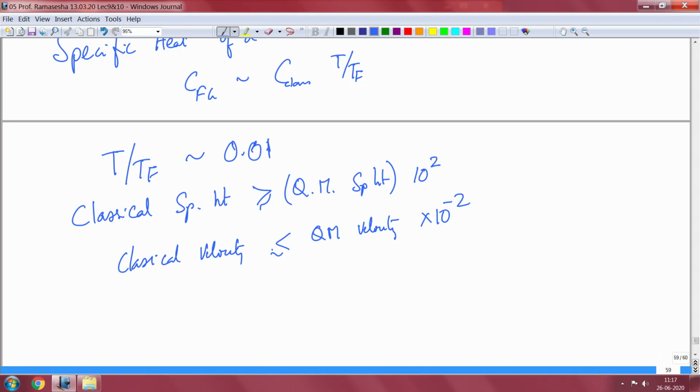So wherever we got a product of specific heat and velocity, like in the case of the Lorentz number that we calculated, or the Wiedemann-Franz law, there was a cancellation of the error created by overestimating the specific heat and underestimating the velocity. The quantum mechanical Fermi gas calculation fixes it correctly.